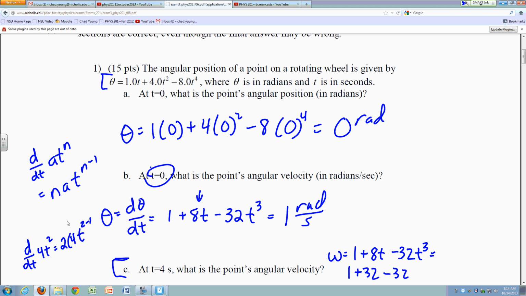What's 4 cubed? 64. So that's equal to 1 plus 32 minus 32 times 64, which is minus 2,015. These are similar to problems we had in chapter 2, but they're a little bit different.